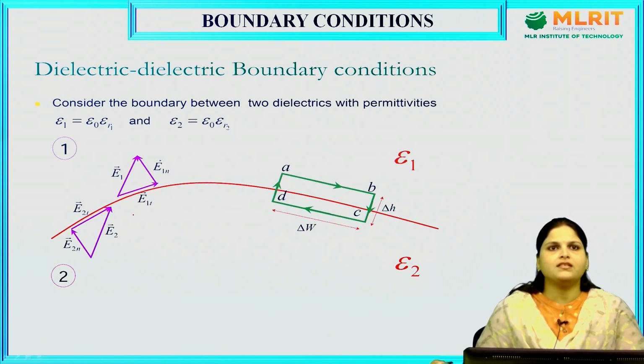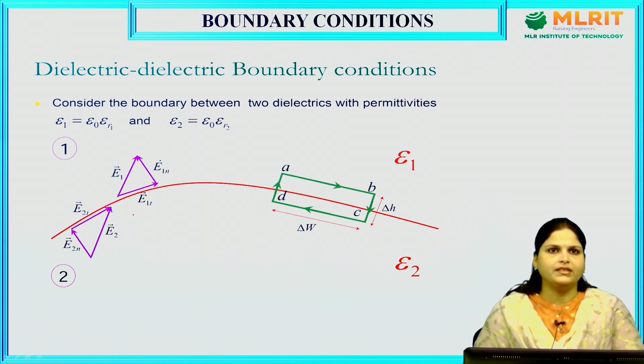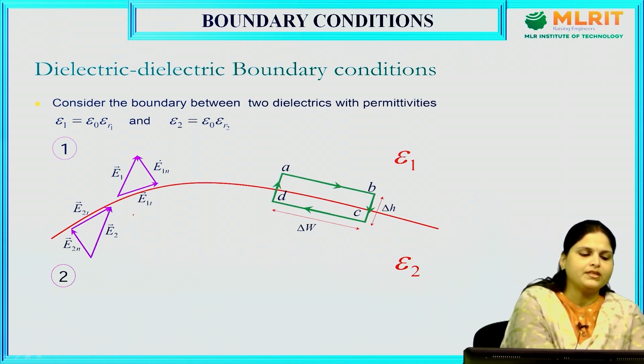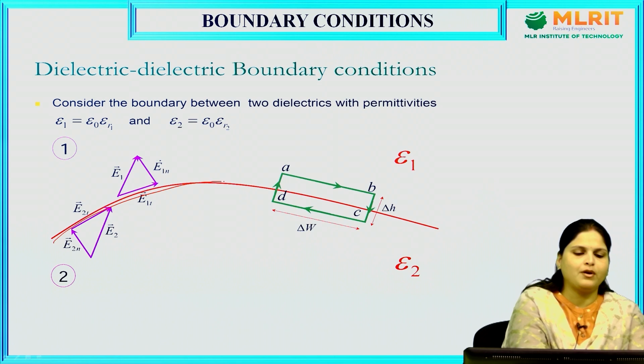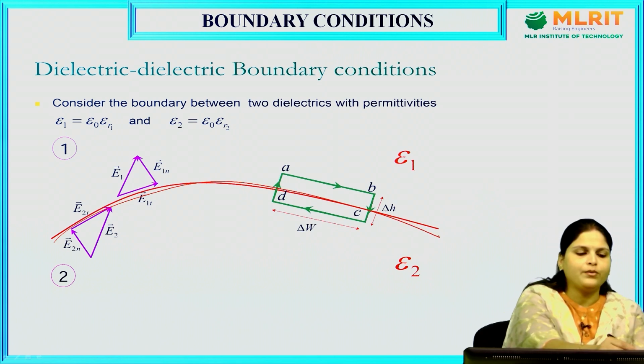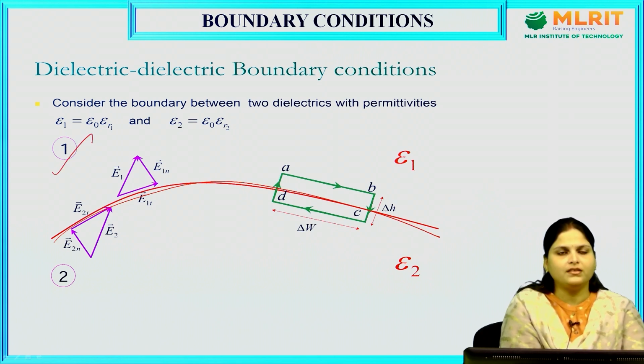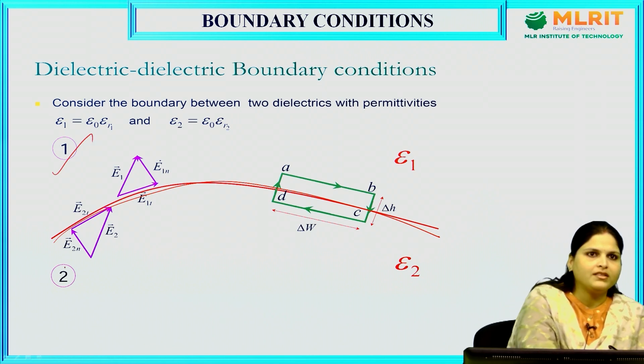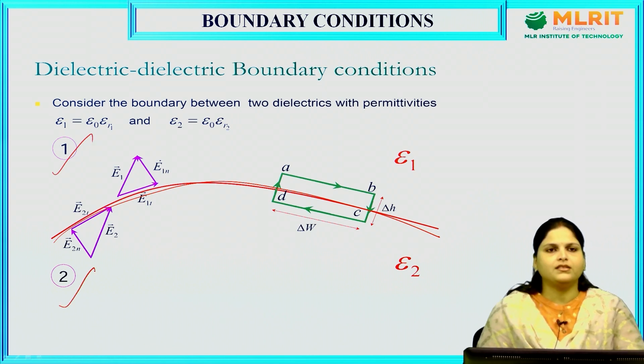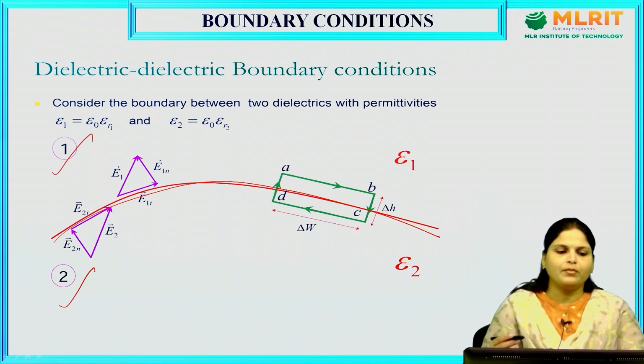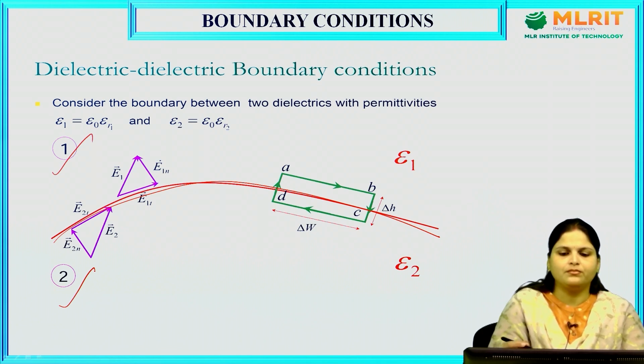So the first one is the dielectric boundary condition. Here if you notice, there is a boundary, and on one side of the boundary there is one dielectric medium, and on the other side there is another dielectric medium. Because we are talking about dielectric media, there will be permittivity also.